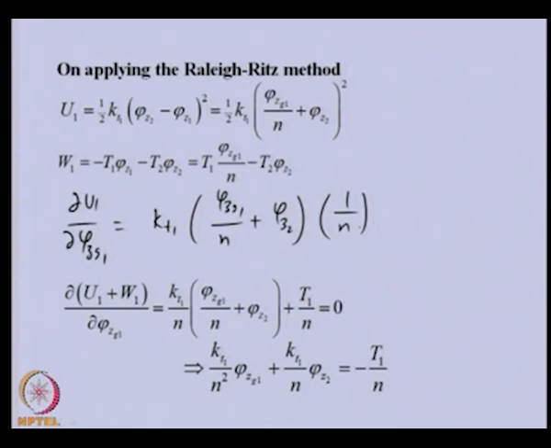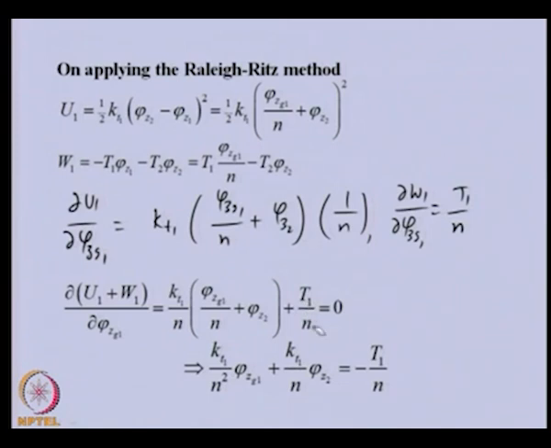Similarly, we differentiate w1 with respect to phi z g1. Only one term is there, so we will get T1 by n. These two expressions are here and they can be rearranged like this.